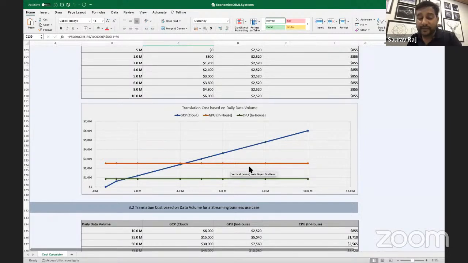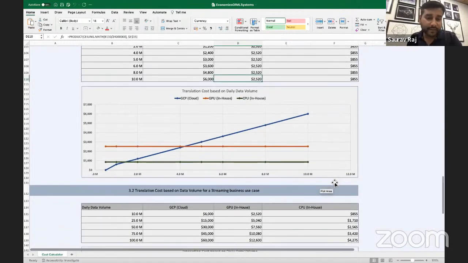But let's say if you increase it from 1 to 2, this cost will be double, right? But the overall point is that the break-even point will shift. Maybe now it comes at a level of 10 million. But overall, in the longer run, you are going to benefit if your data volume is on the higher side. So this is what I wanted to highlight.